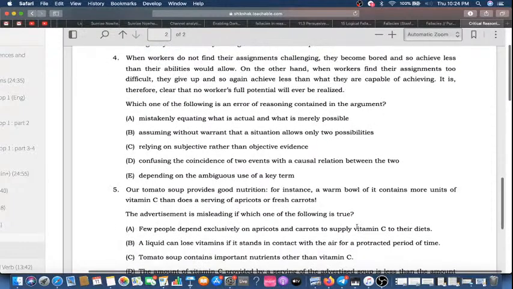Let's do one more question. This is a good case of error in the reasoning, which we started off the session with, that what is the problem in the reasoning.